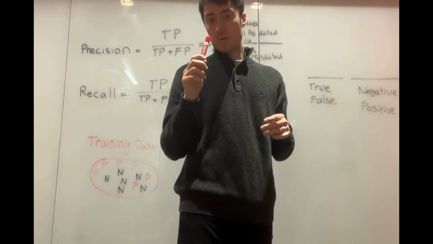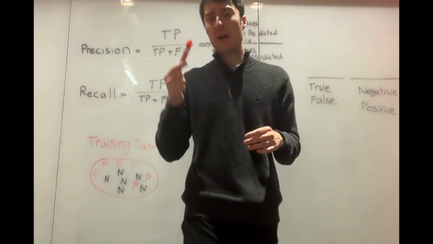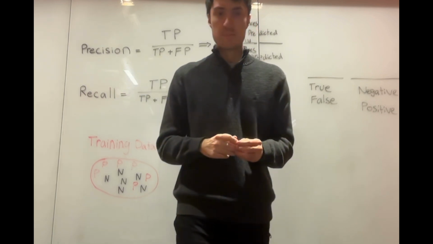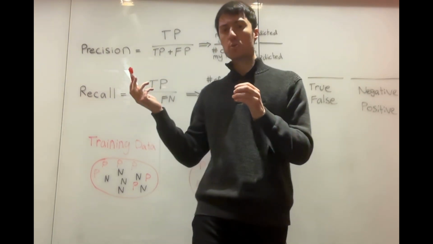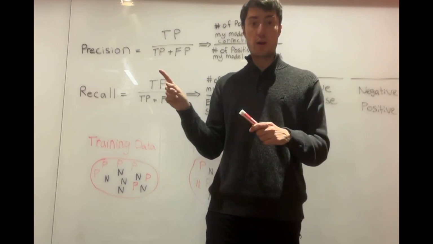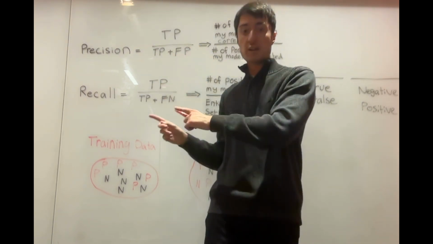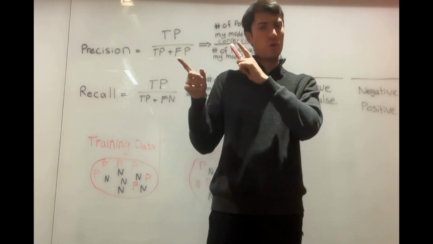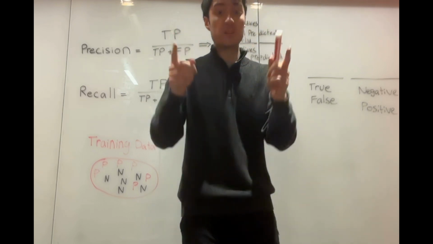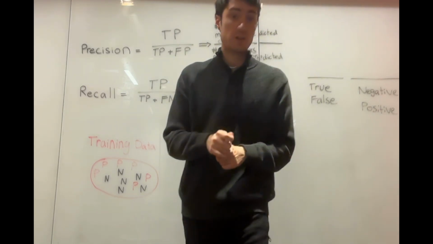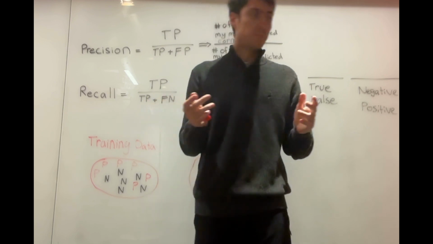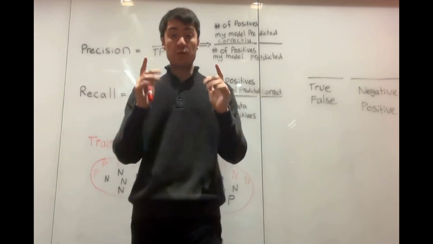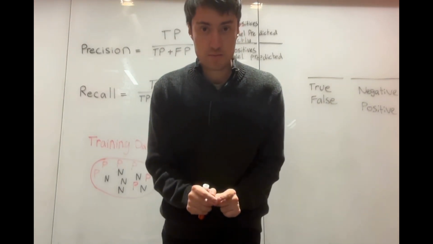Okay, so with cancer, if you have cancer, you really want to know about it, right? So which metric, which way of measuring my algorithm do you think would be useful if I really want to know that I had cancer if I do? Well, this one, recall, says out of the people who actually have cancer.